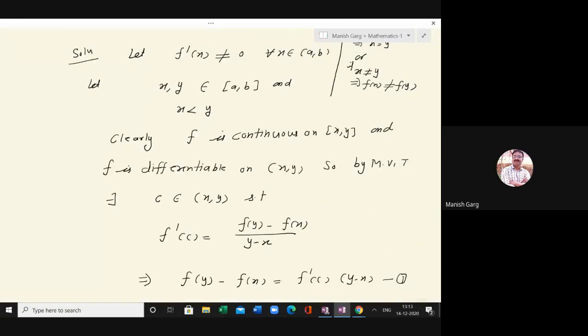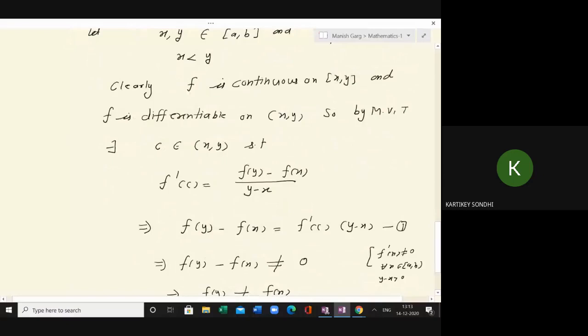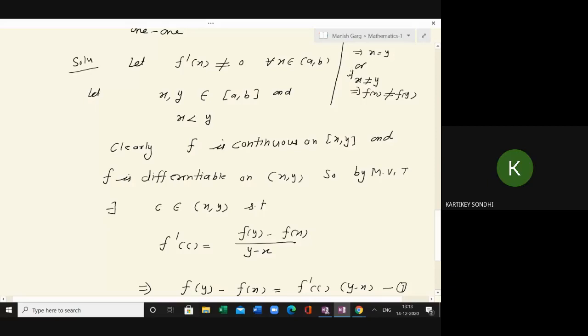What have you done in the step labeled 1? The step that you have marked as 1, the first step.